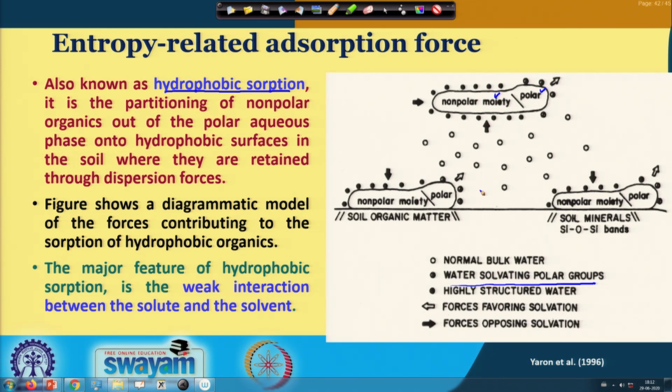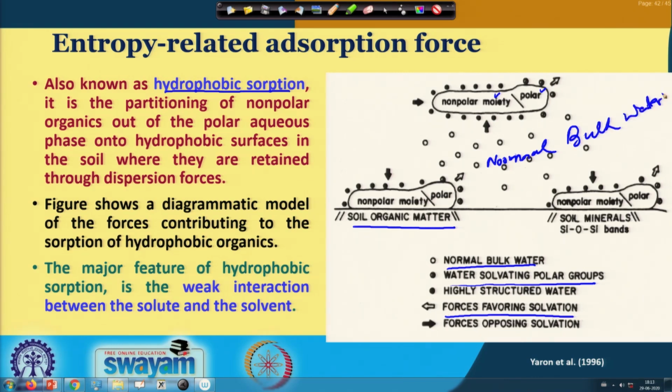Now, you can see here is the soil organic matter, the nonpolar moiety is attached, and the polar aqueous phase is facing forces favoring solvation. Obviously, here the polar phase is facing the forces favoring solvation, because the solvent is normal bulk water.